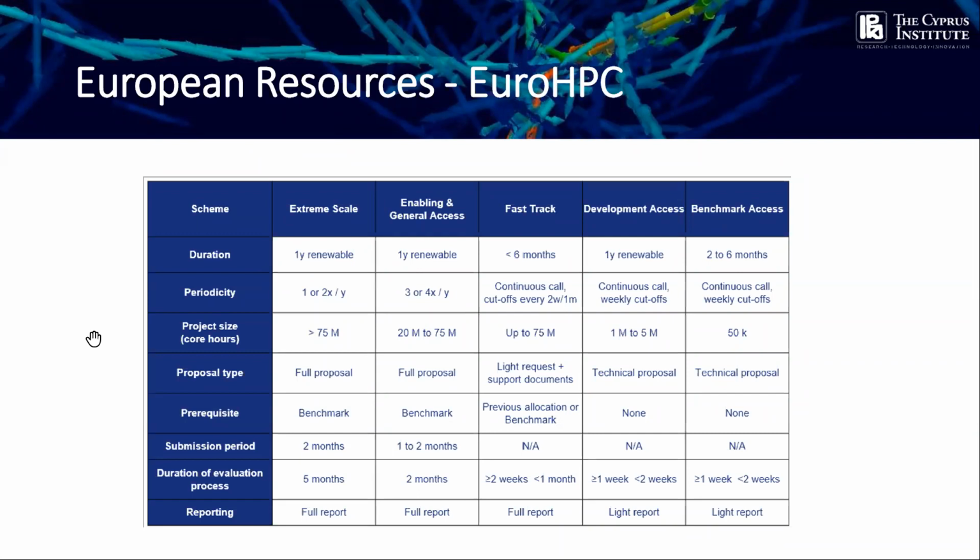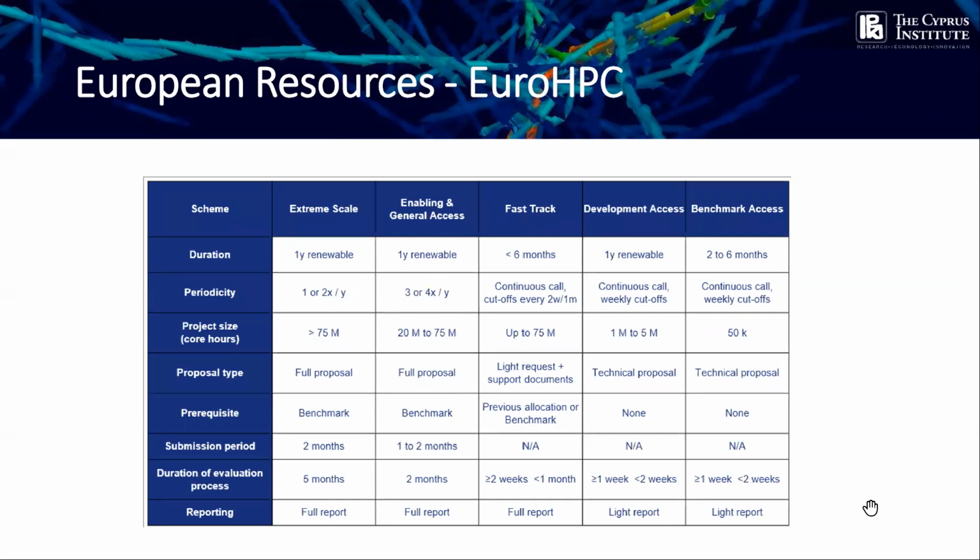So currently it's planned that the extreme scale calls of EuroHPC for EuroHPC systems will be once or twice a year, and the project size will be at least 75 million CPU hours. The other calls will be 3 or 4 times each year, which will be for between 20 to 75 million CPU hours.